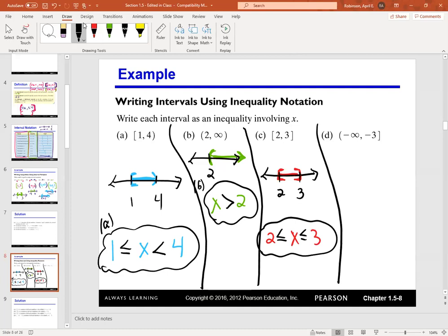And then on D, it starts at negative infinity, which would be going this way, and it comes up to negative 3. And then they have a bracket on the negative 3. So my graph would look like this: negative infinity up to the negative 3. So this is really saying that x is less than or equal to the negative 3.